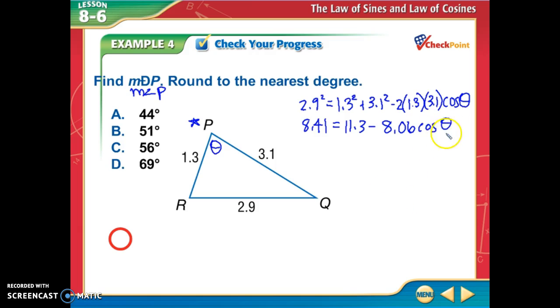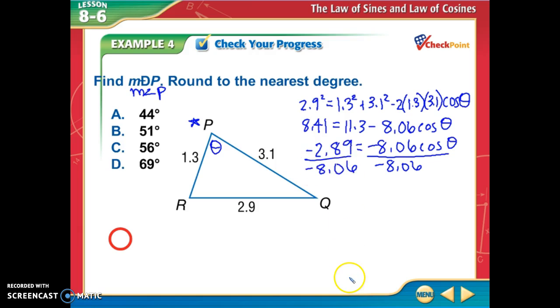Okay, I want to slowly get theta by itself, so I'm going to subtract 11.3 over, get negative 2.89 equals negative 8.06 cosine theta. Okay, I'm going to divide by negative 8.06. Right, once I do that, I get a number that's rounded, right? So I'm going to say 0.3586 equals cosine theta.